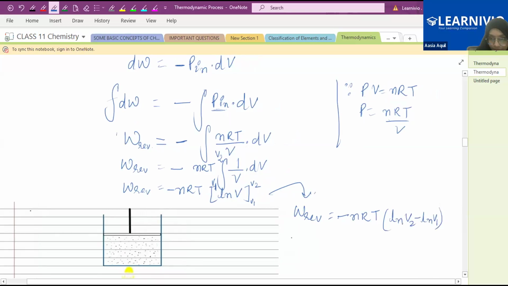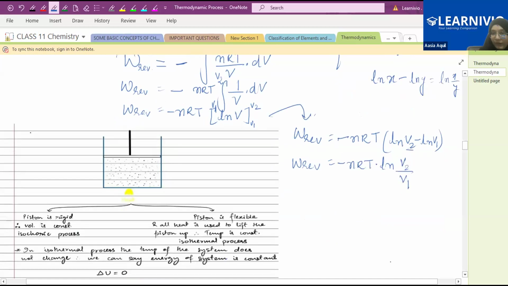Now see, this is the formula we use in mathematics: ln x minus ln y equals ln of x upon y. So it will become minus nRT into ln V2 upon V1.